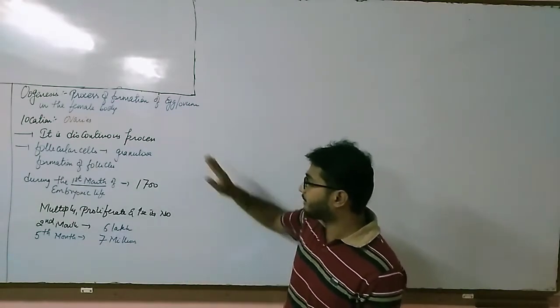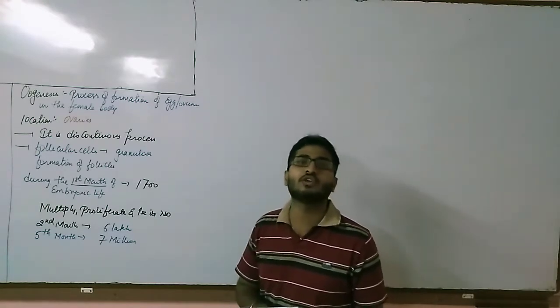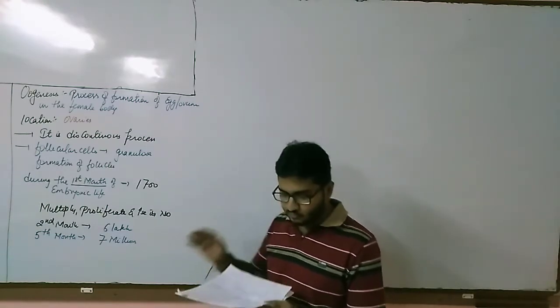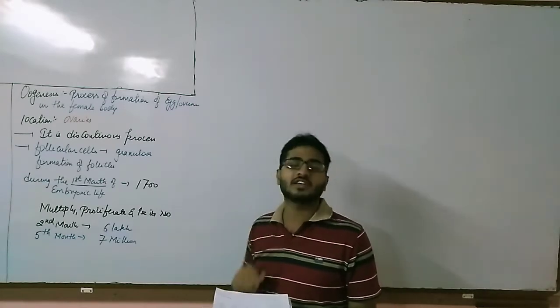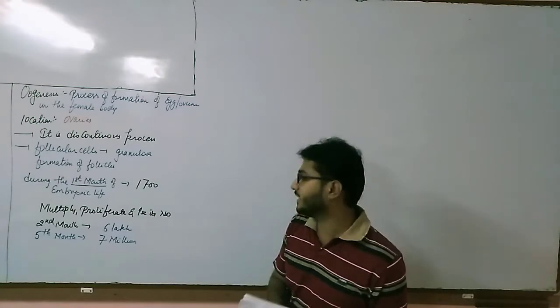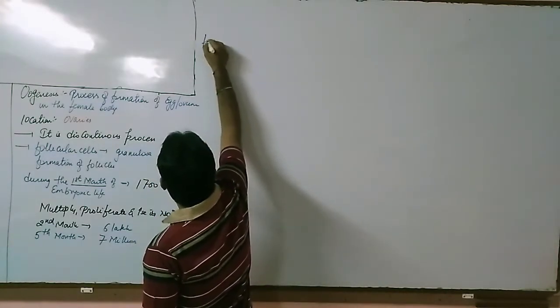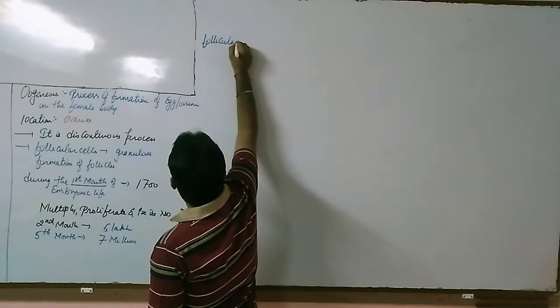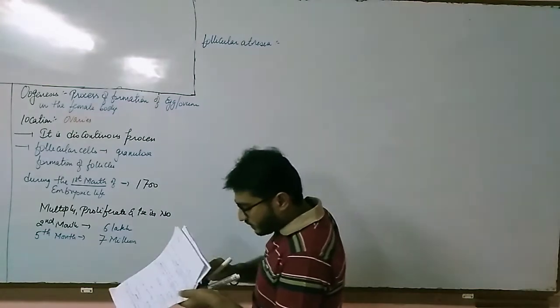Now what happens next? There is a stage which we call follicular atresia. Now the follicular atresia will start, that means a decrease or shrinkage in the number of the follicles will take place. What is follicular atresia?